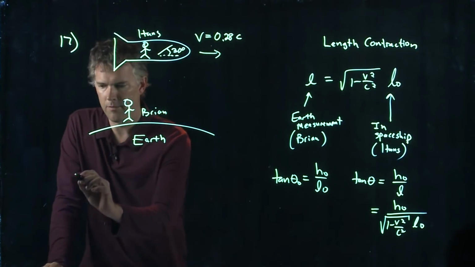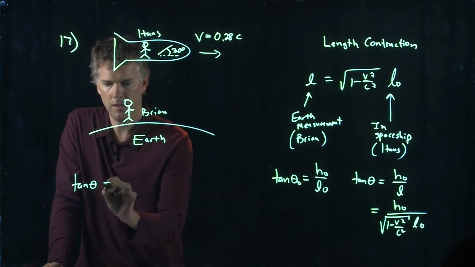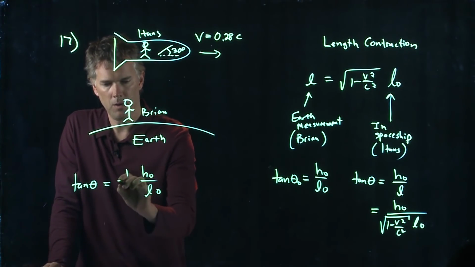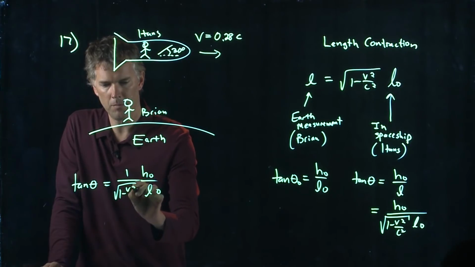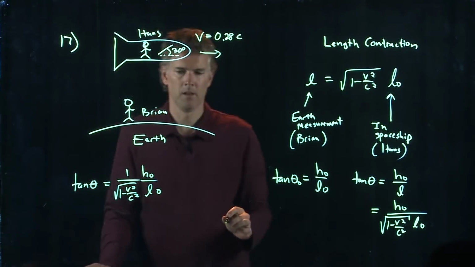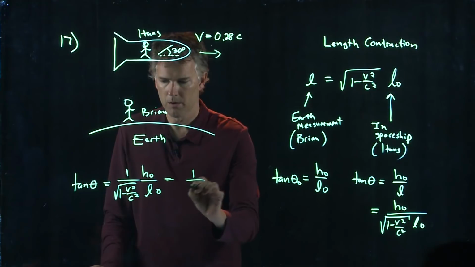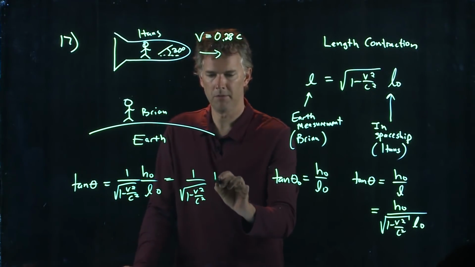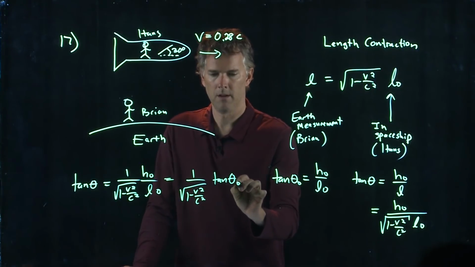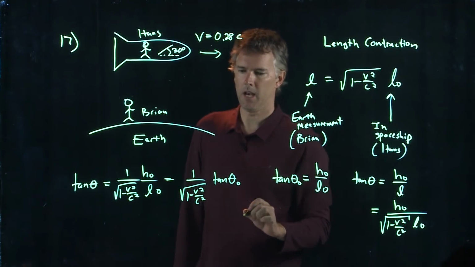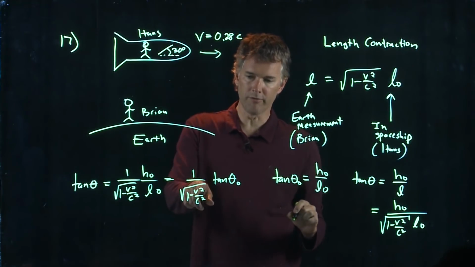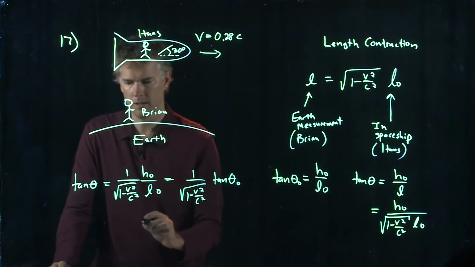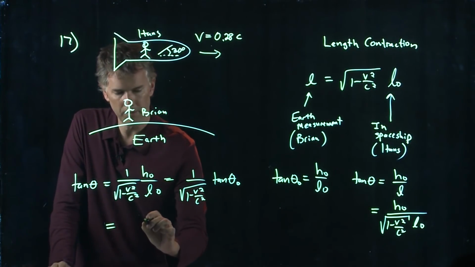And so we have the following. Tangent of theta equals H naught over L naught, times 1 over the square root of 1 minus V squared over C squared. But that is 1 over the square root of 1 minus V squared over C squared times the tangent of theta naught. And now you know all of that stuff. You know V, you know theta naught, you can calculate theta. So let's plug in some numbers and see what we get.